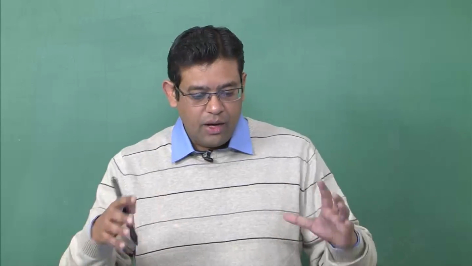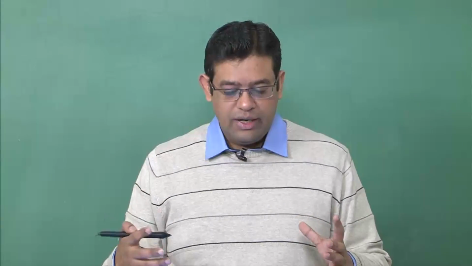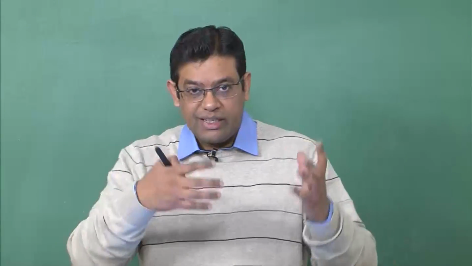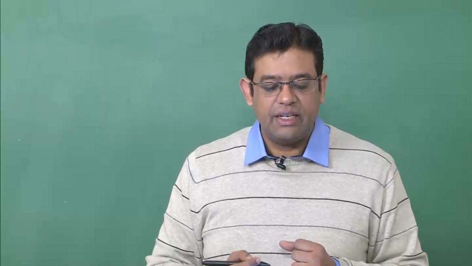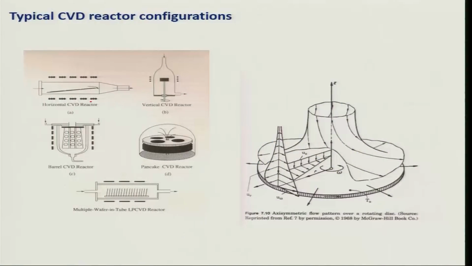So, now we know that flow is very important, how the gases come in, and there are various reactor designs. Okay. You can have a horizontal CVD reactor where the filament is outside to heat the substrate, and you have a tilted substrate holder and you pass in your gas, and the gases react to form the thin film.